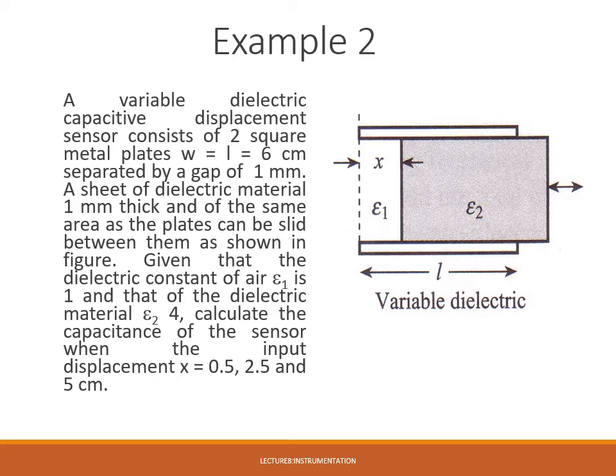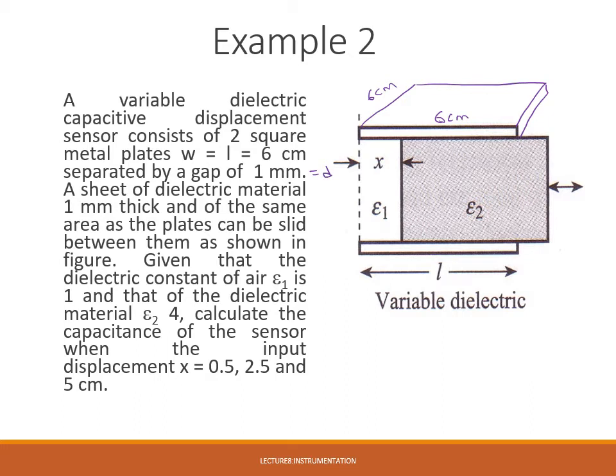So the design for the sensor, it consists of 2 square metal plate with the width and the length equal, which is it is a square metal plate. So the width is 6 cm and the length is also 6 cm. Then the distance, the gap is 1 mm, meaning the distance is equal to 1 mm.